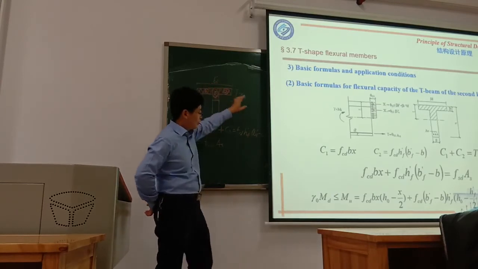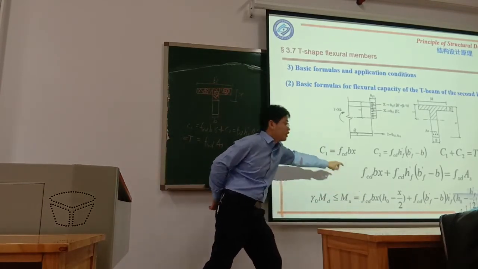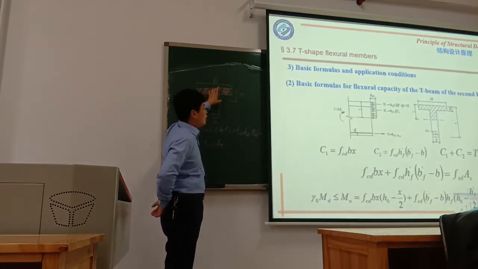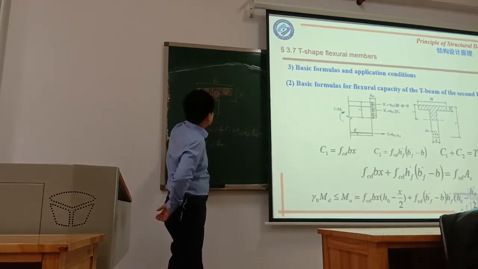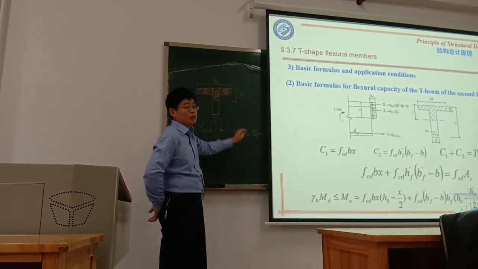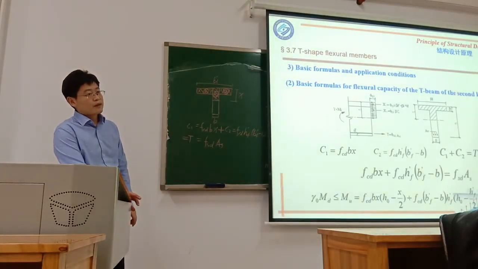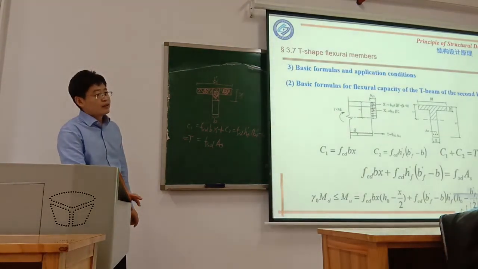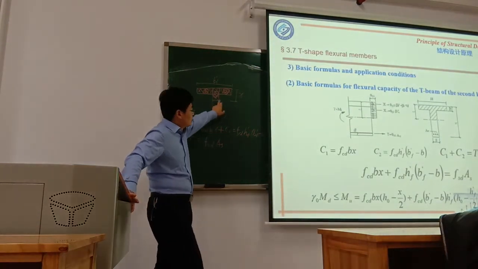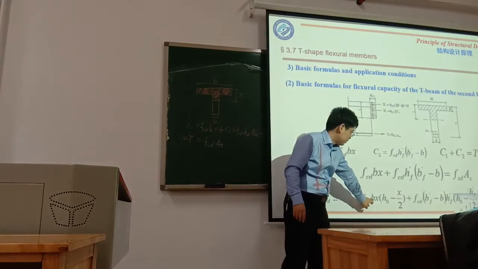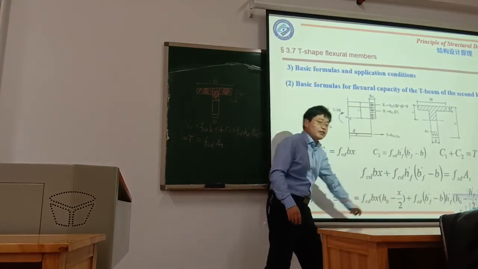The first part is the moment induced by this force, and the second part is the moment induced by part 2. So the moment induced by part 1 is FCD B x (H0 minus half x).